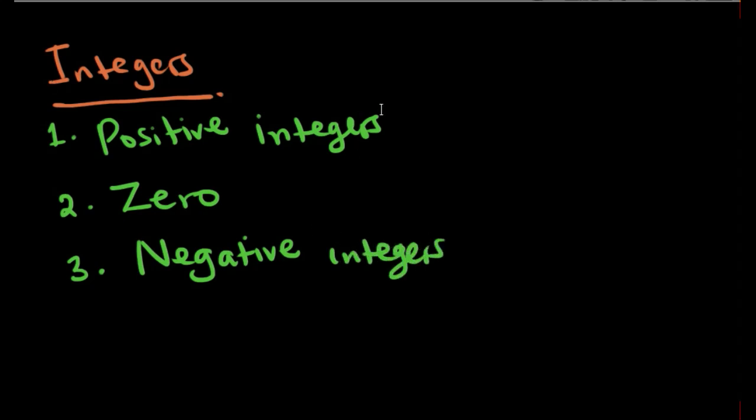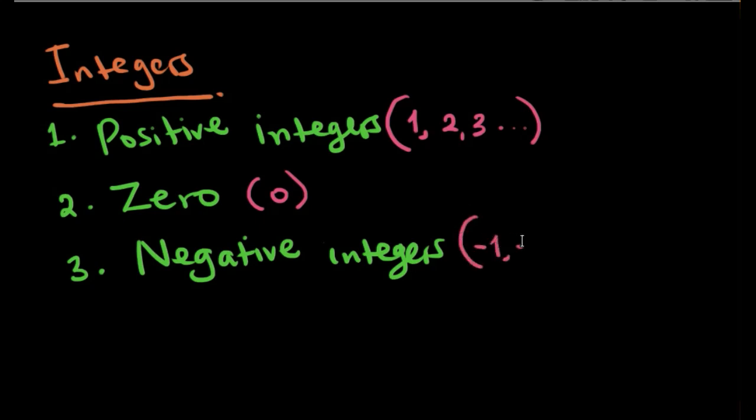We can have some examples of positive integers like 1, 2, 3, and many others. 0, of course, it is a 0. And negative integers like negative 1, negative 2, negative 3, and many others.